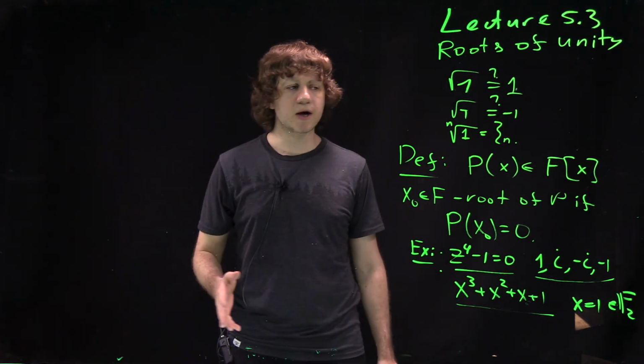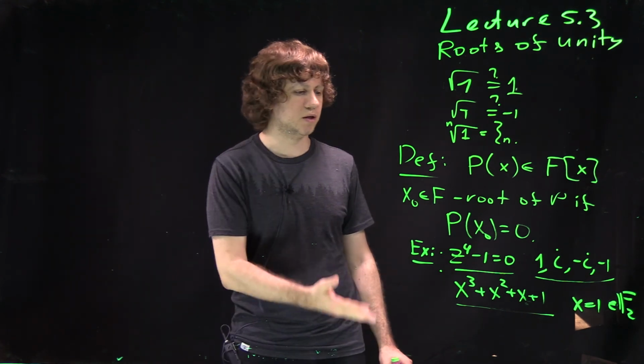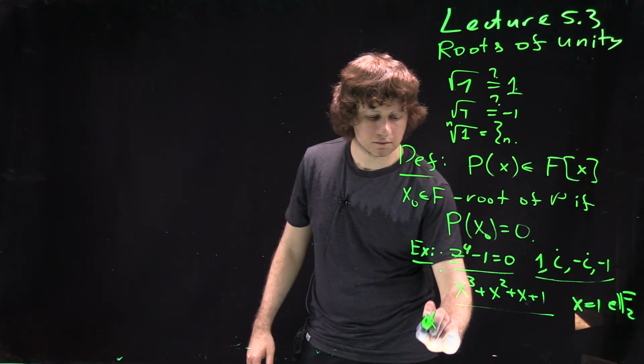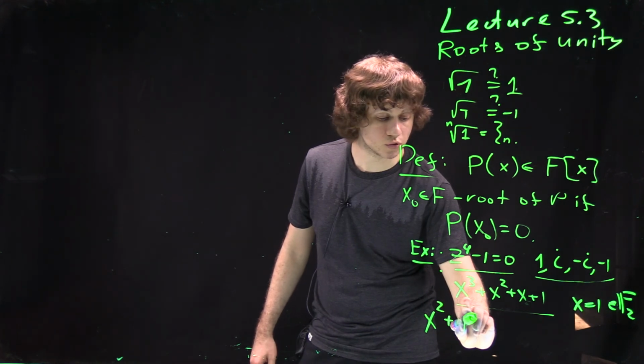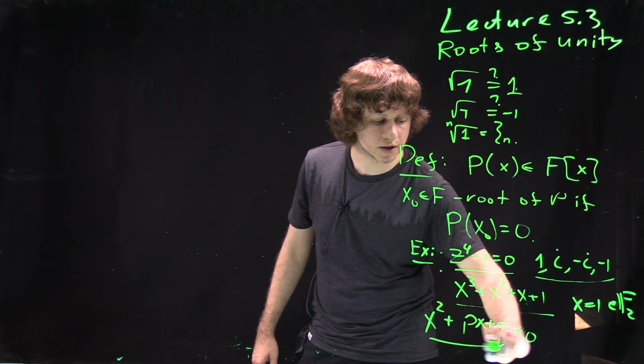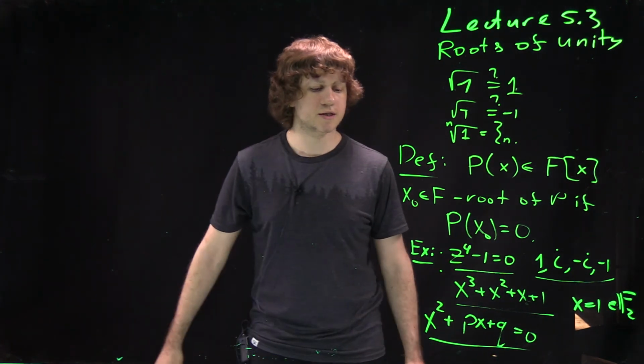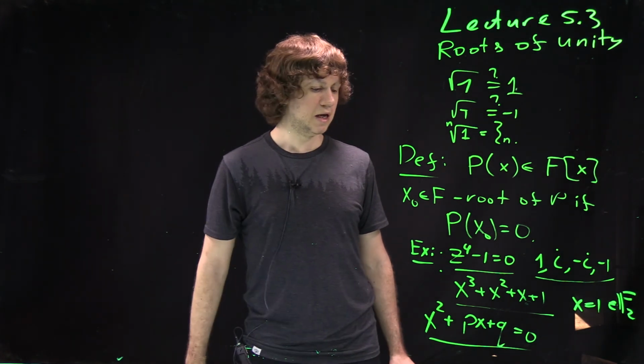You know very well that even a boring degree 2 polynomial has at most 2 roots, and there is a formula for those. But if you think that p and q are real numbers and you are looking for a real root, sometimes it has 1 root, sometimes it has no roots.